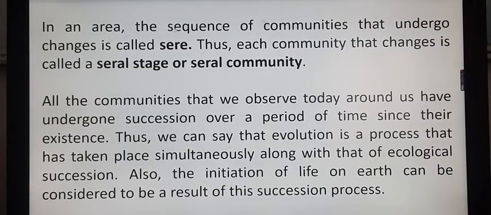In an area, the sequence of communities that undergo changes is called sere. Thus, each community that changes is called a seral stage or seral community. Now, we know that a community is made of populations and a population is made of species.